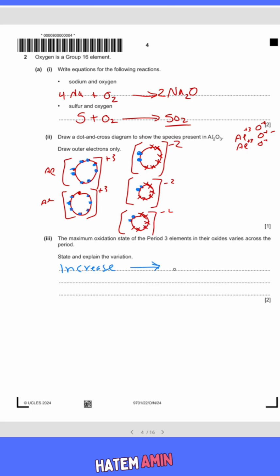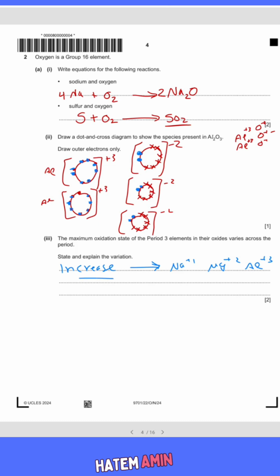For example, sodium is positive 1, magnesium positive 2, aluminium positive 3. So it's increasing. Why? As we increase the number of valence electrons, which should be lost to react with oxygen, the oxidation number also should increase.